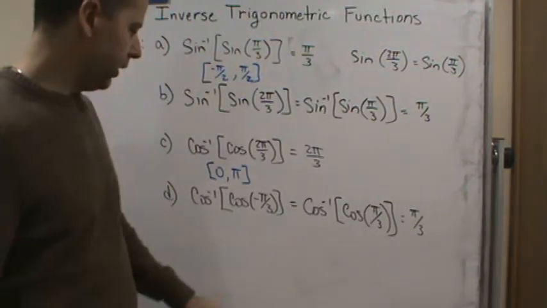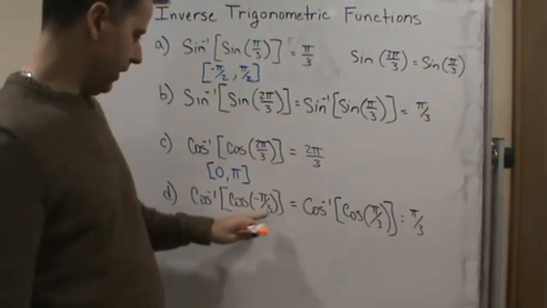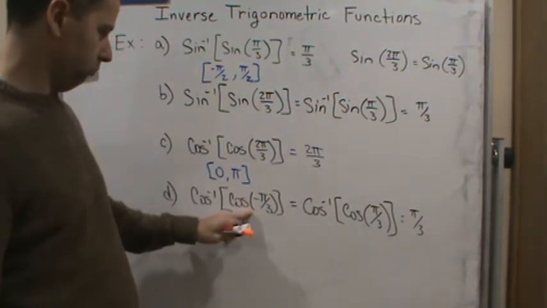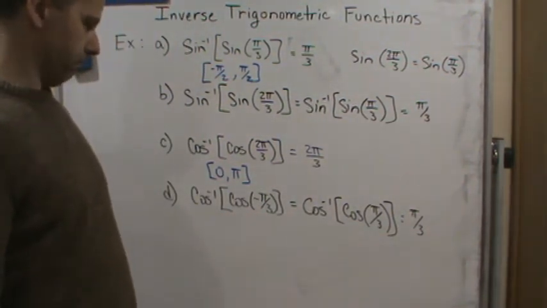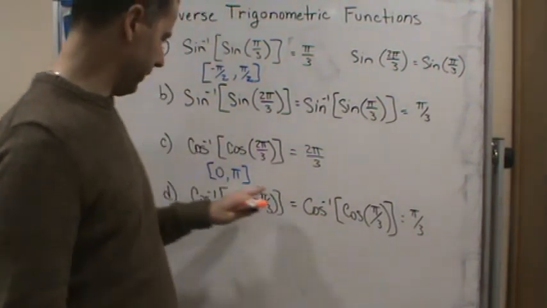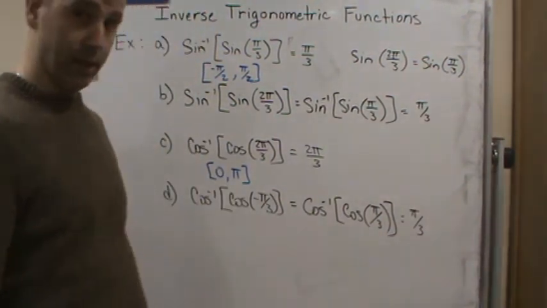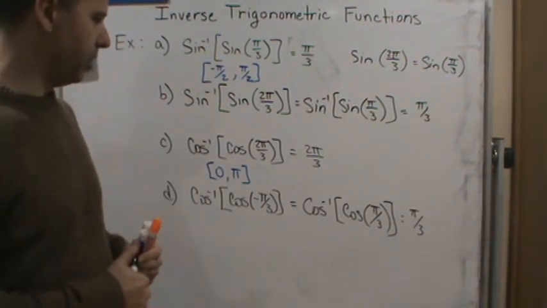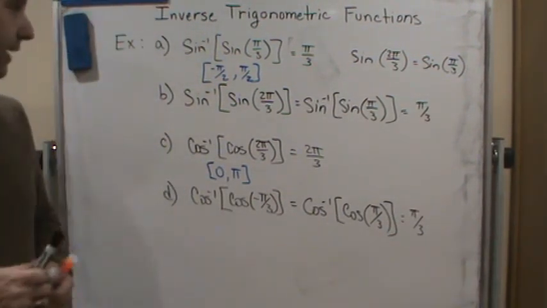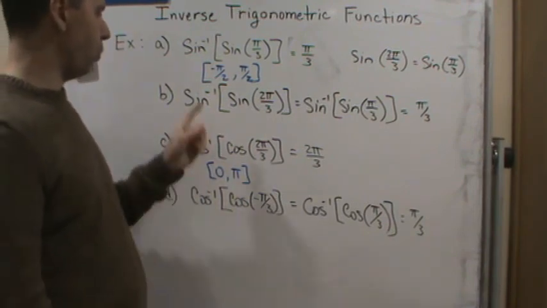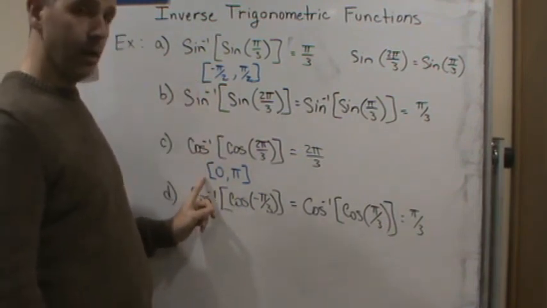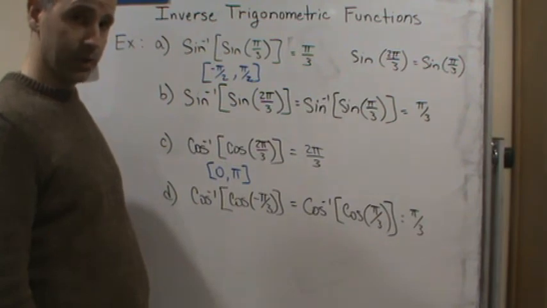Okay? So again, all I did was use the fact that these two are equal. And now that I have an angle that's within the restricted domain, I can apply the inverse property and get my answer. So again, the main thing is to make sure you understand what the domain is for the composition of functions.